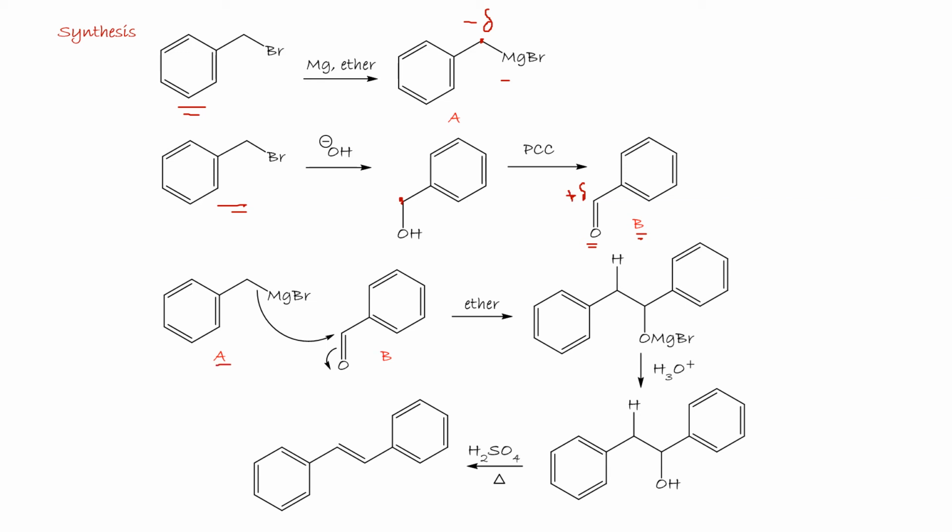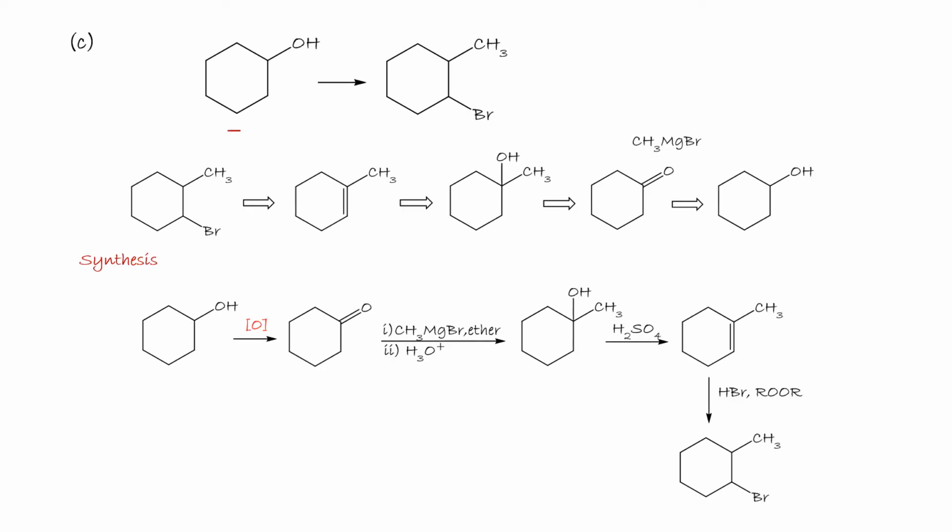We react A and B in ether. This will be attacked by the Grignard. Open this one, form the salt, hydrolyze it, give the alcohol. The alcohol with sulfuric acid and heat, we get the final target molecule. Easy and straightforward to some extent.